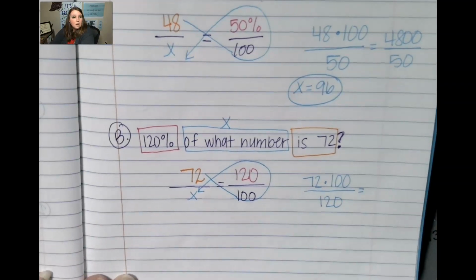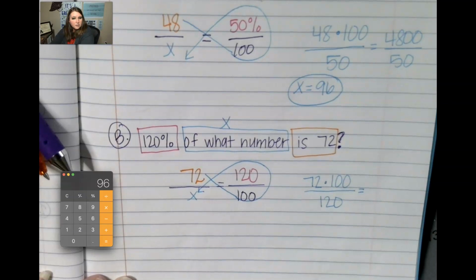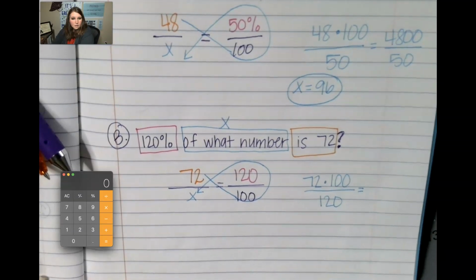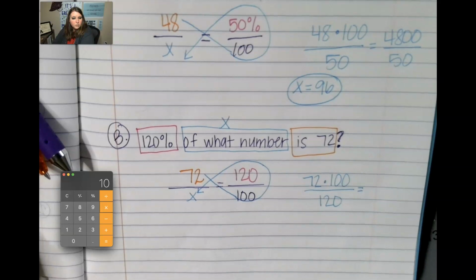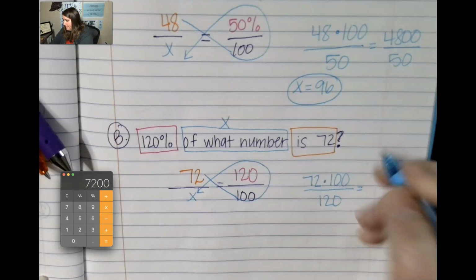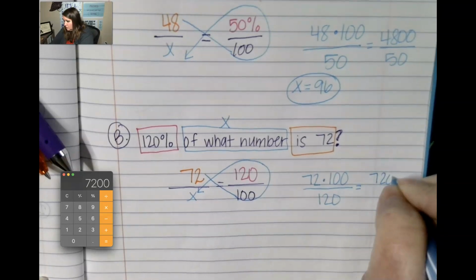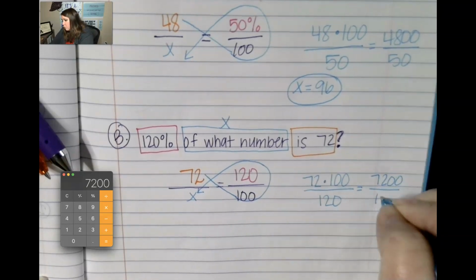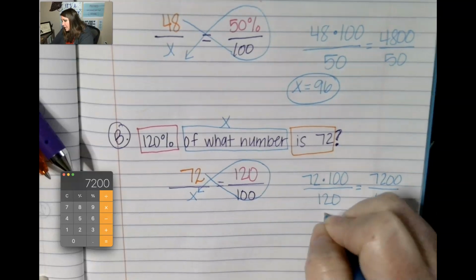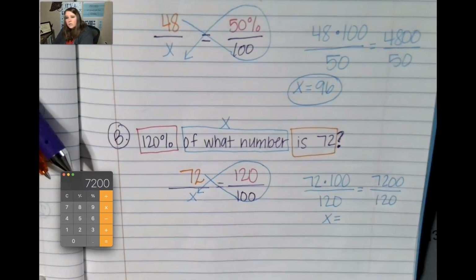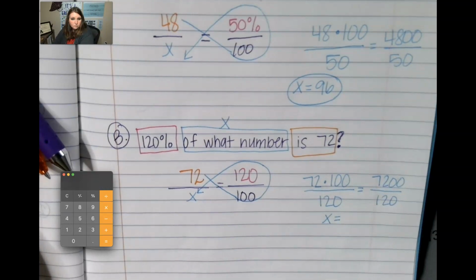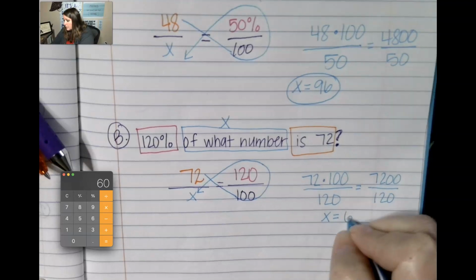So go ahead and solve that with our handy dandy calculator. 72 times 100 is 7,200. Divide that by 120, and that's going to give me X equals 60.